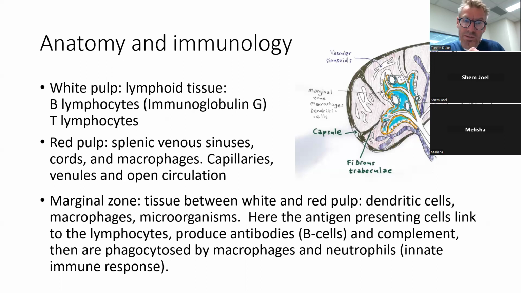So the spleen has a white pulp, which is the lymphoid tissue within the spleen, and it has a red pulp, which is more the vascular component of the spleen, and that's around the periphery. Blood flows through the splenic artery into the spleen, and then there are vascular sinusoids, which are like pools of blood within the spleen.